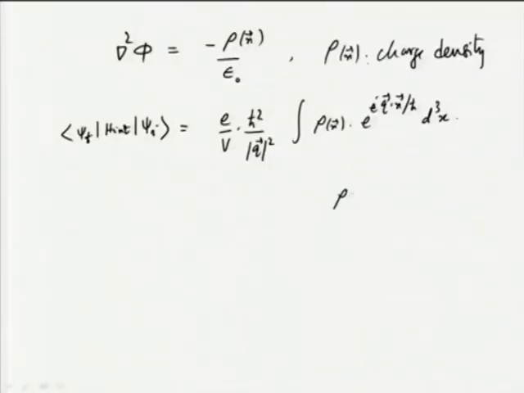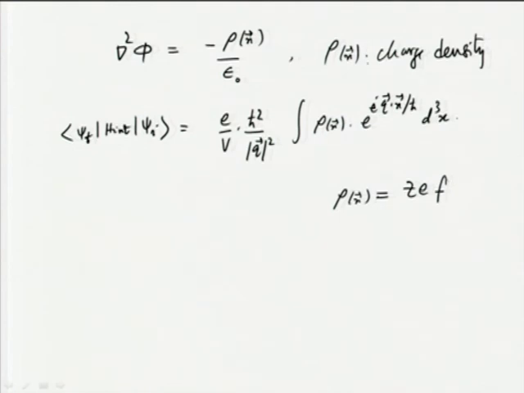So, rho of x is equal to Z e. The question is whether it is a point particle, which means it exists only at a particular point x equal to some x 0. In that case, the density is the total charge times the delta function.